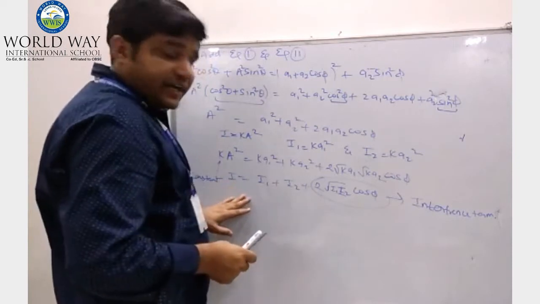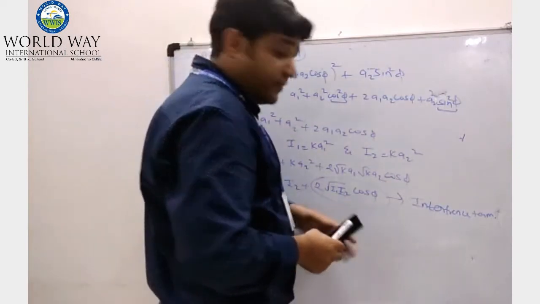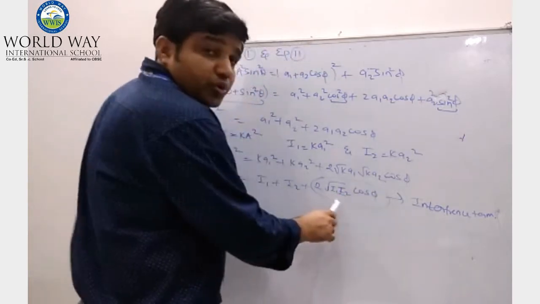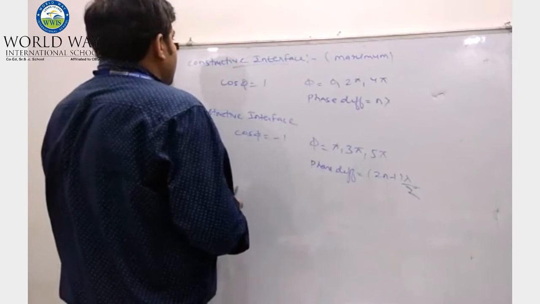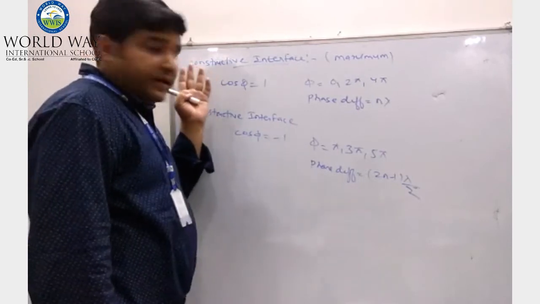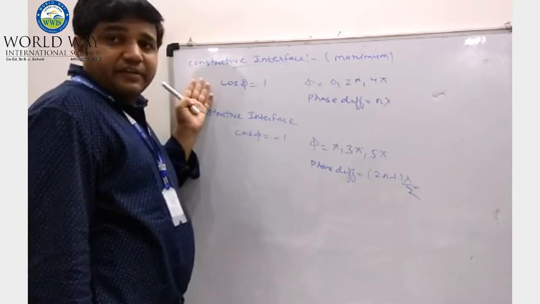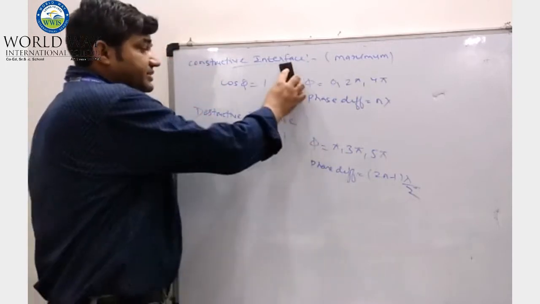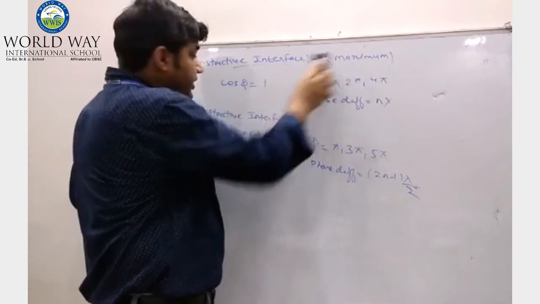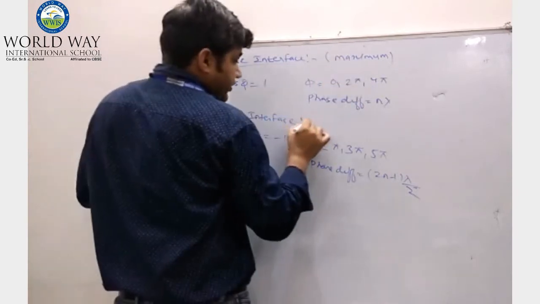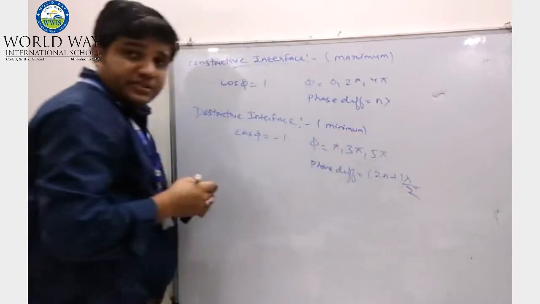Then intensity I equals I1 plus I2 plus 2 root I1 I2 cos phi. This term, 2 root I1 I2 cos phi, is the interference term. There are two types of interference: constructive and destructive. In constructive interference we get the maximum fringes, and in destructive interference we get the minimum fringes.